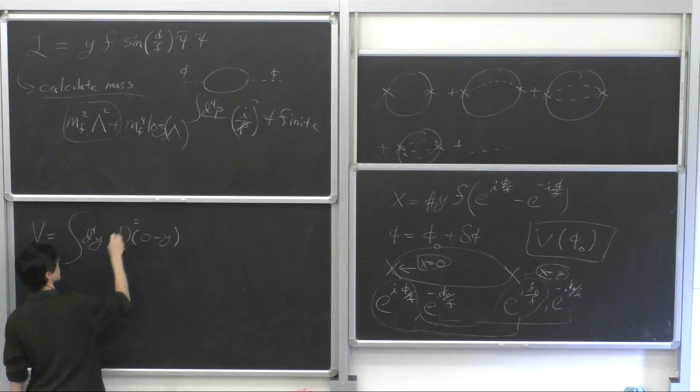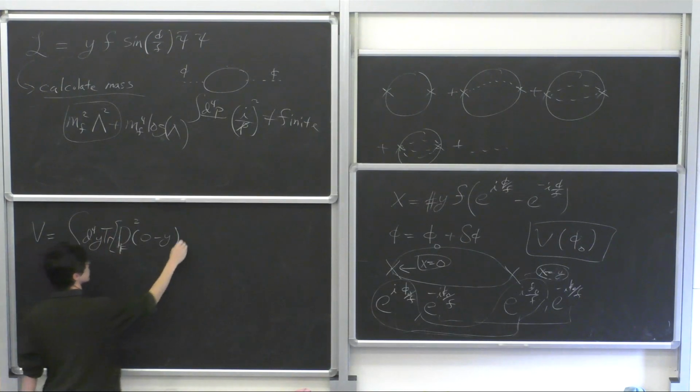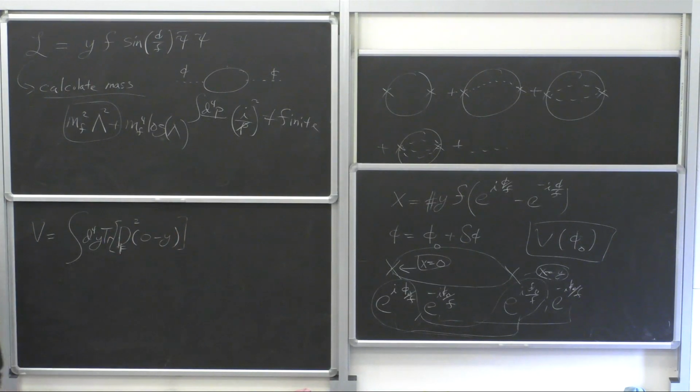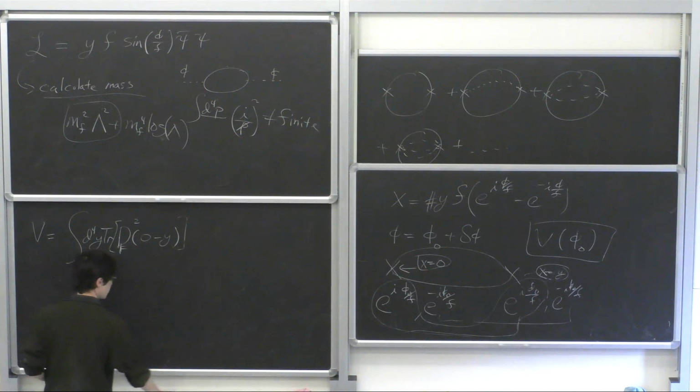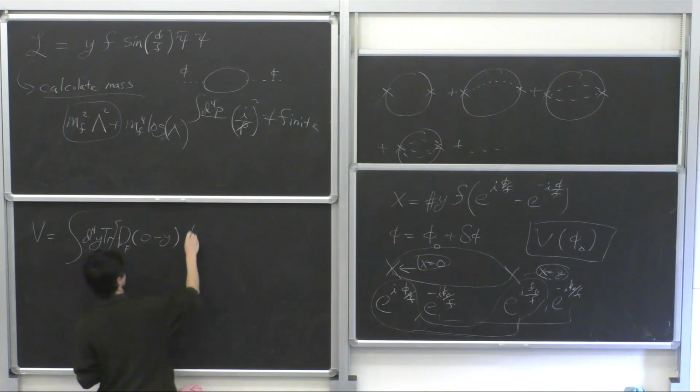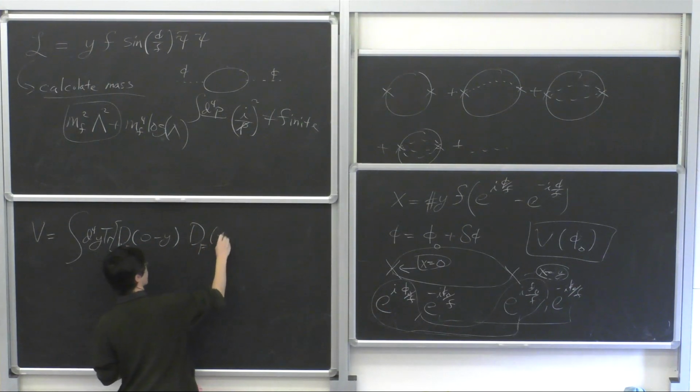This is squared. We're going to be taking a trace of it. Trace gives factors of like 4 and whatnot that we're uninterested in. So there's the propagator taking you from 0 to y, and then y back to 0. So maybe I should have written this as a fermion propagator from 0 to y, and fermion propagator from y to 0.